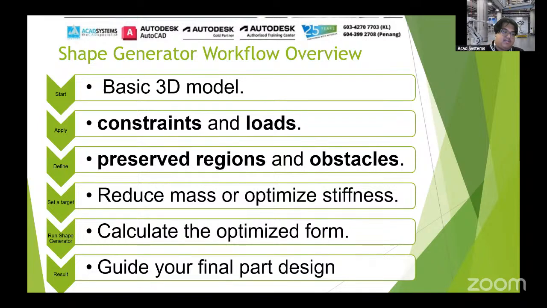And then from there, run shape generator. Once you set everything, the computer will calculate the best mesh to hit those targets. But of course, these are not the be-all and end-all. We're just going to use this to guide the final part of your design.